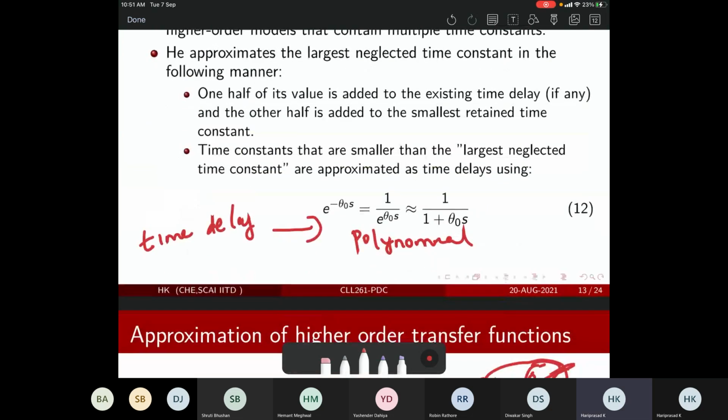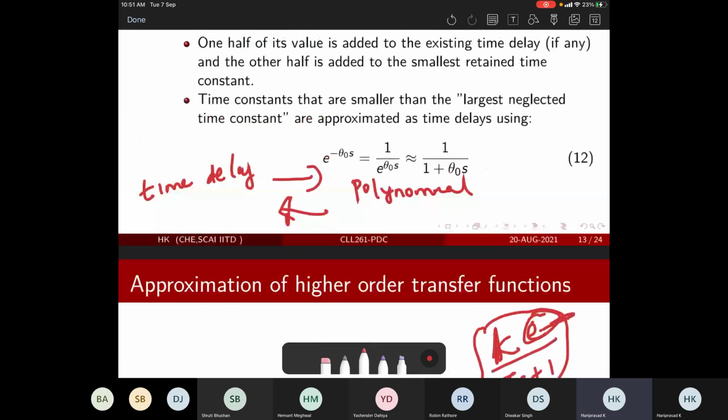So his point was, why don't you do the reverse if the polynomial degree is large? Can we also transform the higher order polynomials as just time delay so that you will have a very simple structure with a time delay? Let's say this is theta f by tau 1 s plus 1. Very simple. First order. But you have a time delay, which is fine.